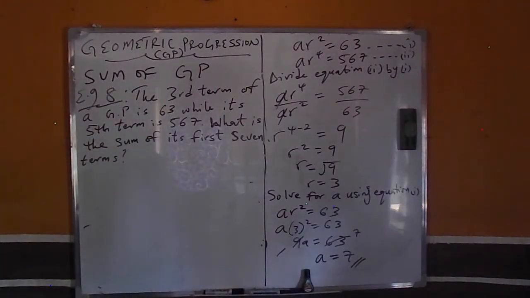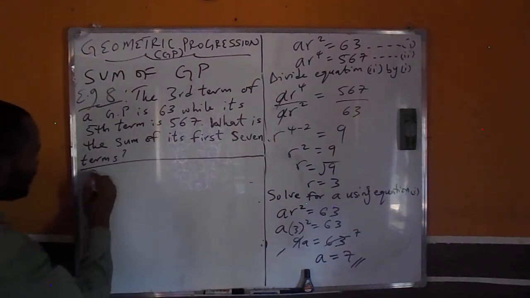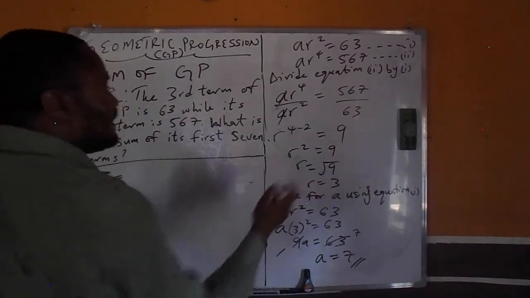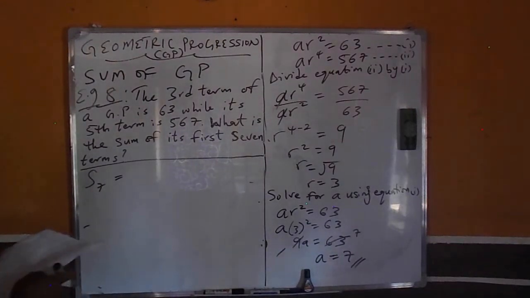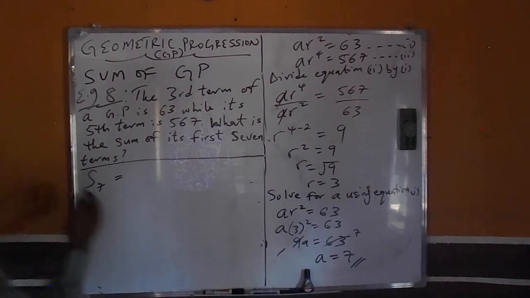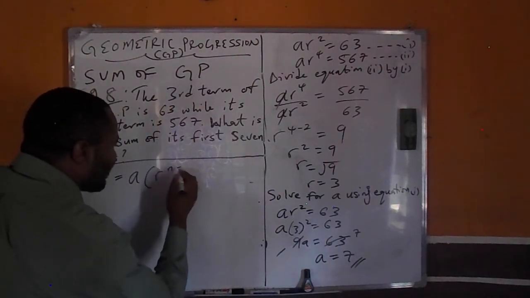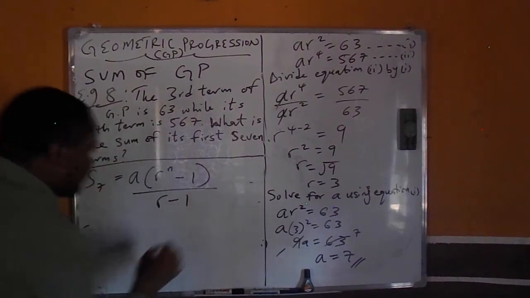Now we want to look for the sum of its first 7 terms. Now, S7 equals, what is our R? 3 is greater than 1. So whenever our R is greater than 1, we apply the second formula, which says A in bracket R raised to power n minus 1 bracket close divided by R minus 1.